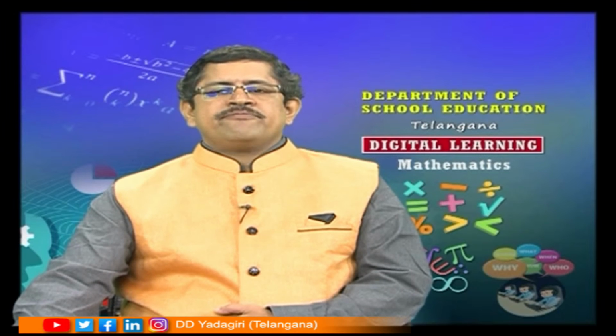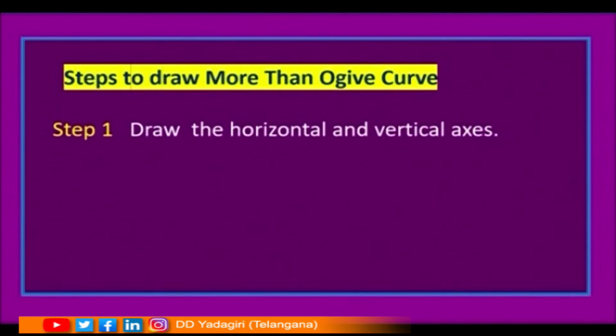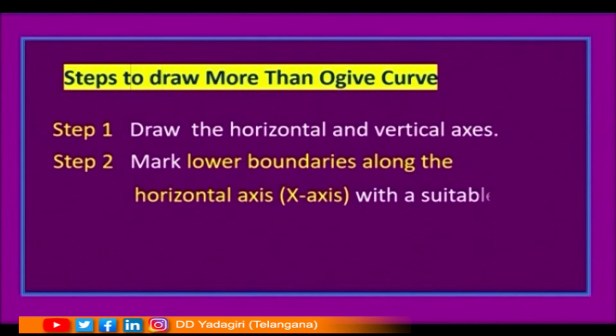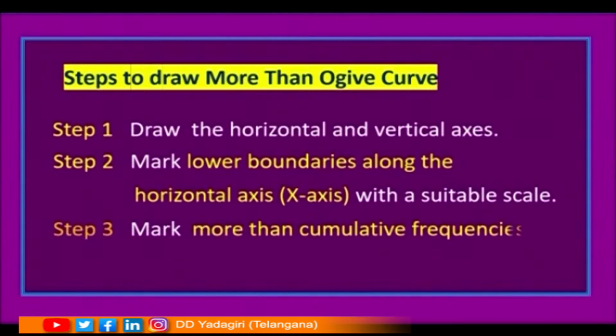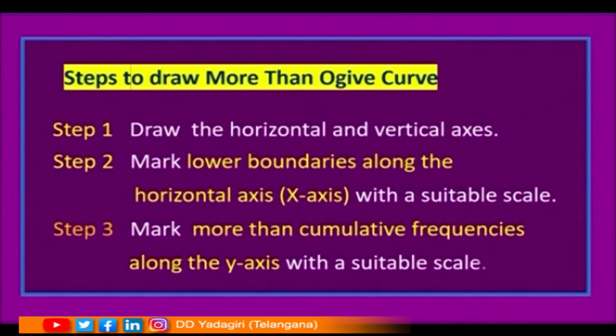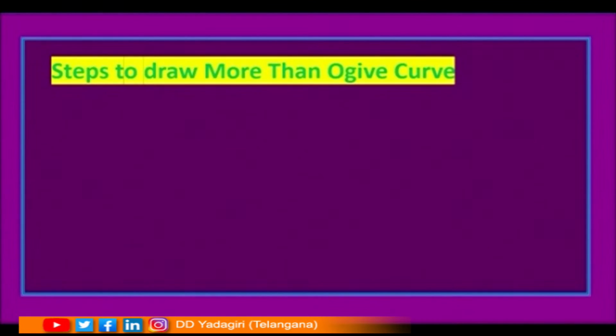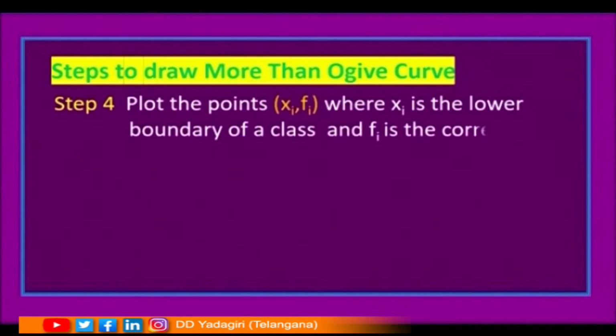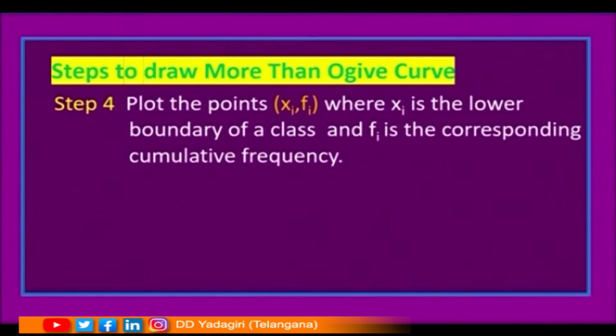How do you represent the more than Ogive curve? We are going to follow some basic steps. Step 1, draw the horizontal and vertical axis. Step 2, mark lower boundaries along the horizontal axis with a suitable scale. Step 3, mark more than cumulative frequencies along the y axis with a suitable scale. Then we take the points xi comma fi, where xi is the lower boundary of the class and fi is the corresponding cumulative frequency of more than type.